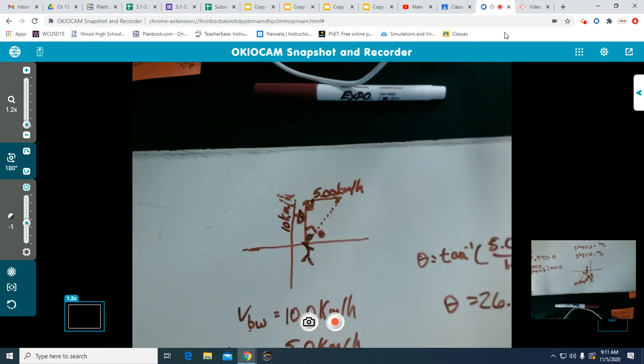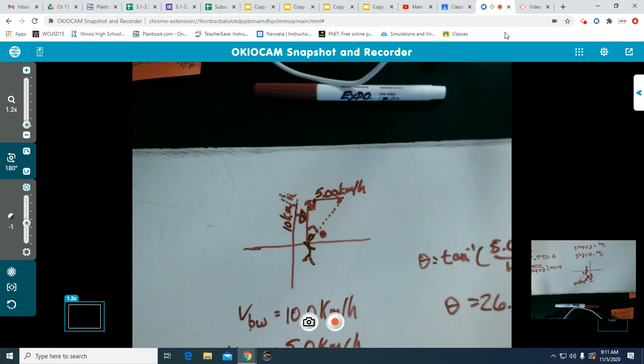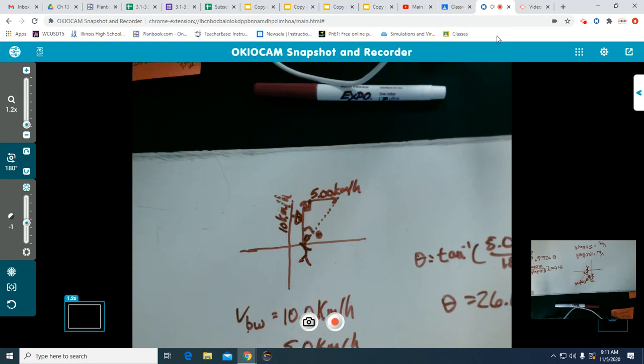Page 105. And I want to see what you can do with questions 1 through 3. So again, you can work on your own. You can work with one partner. And we'll take about 10 to 12 minutes on this just to see where we're at.